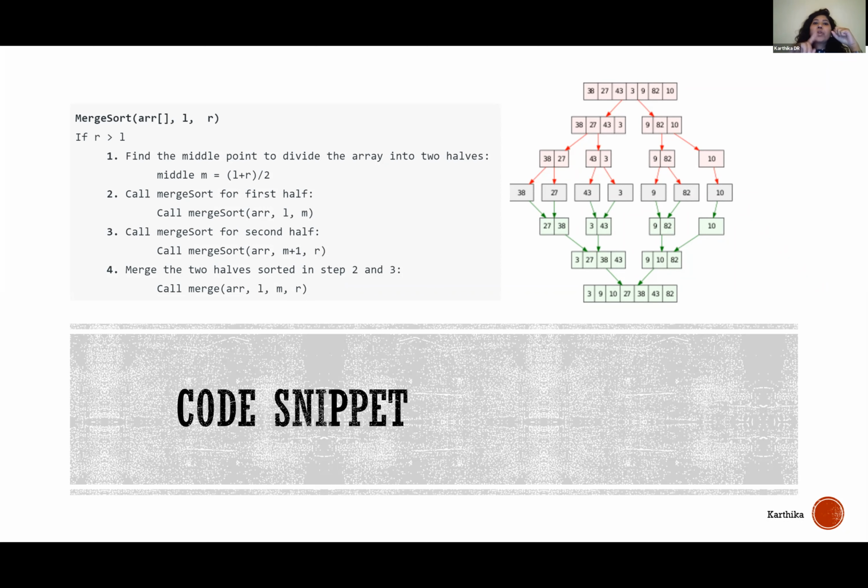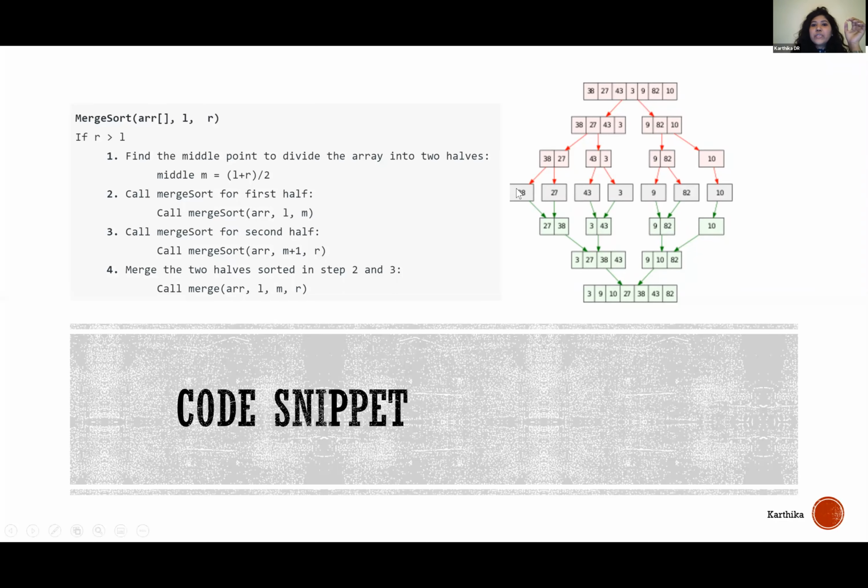That will be for up to 8 elements. So log 8 to the base 2 is equal to 3, and that's how log n comes into the picture. This log n is set at a generic level, but when we take 8 elements and do log base 2, the answer will be 3, right?